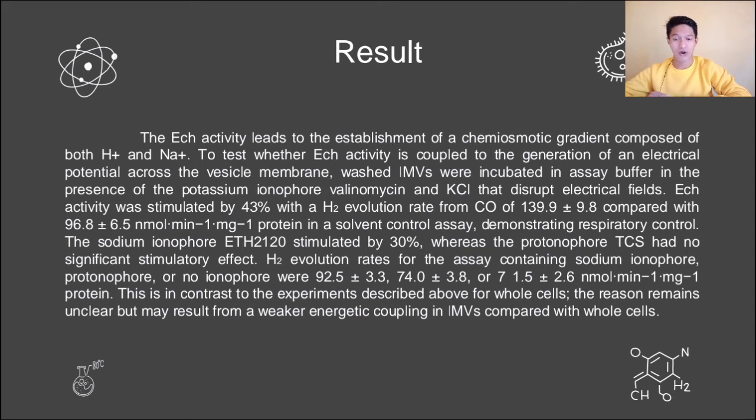The sodium ionophore ETH 2120 stimulated by 30%, whereas the protonophore TCS had no significant stimulatory effect. Hydrogen gas evolution rates for the assays containing sodium ionophore, protonophore, or no ionophore were 92.5 plus or minus 3.3, 74.0 plus or minus 3.8, and 71.5 plus or minus 2.6 nanomole per minute per milligram protein.